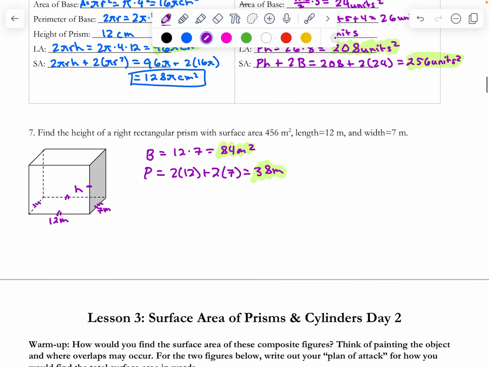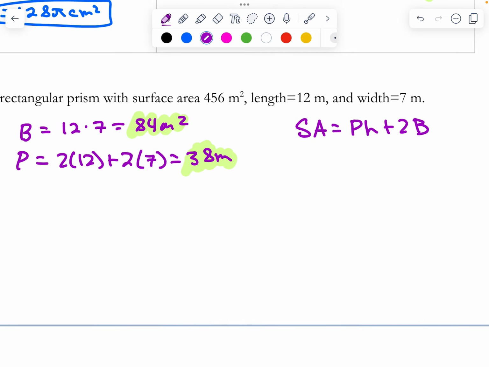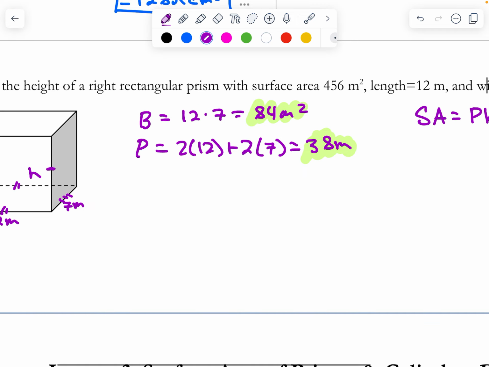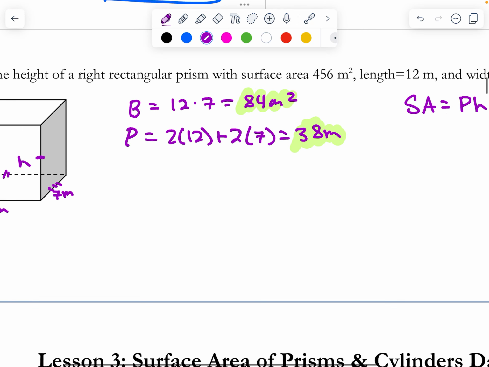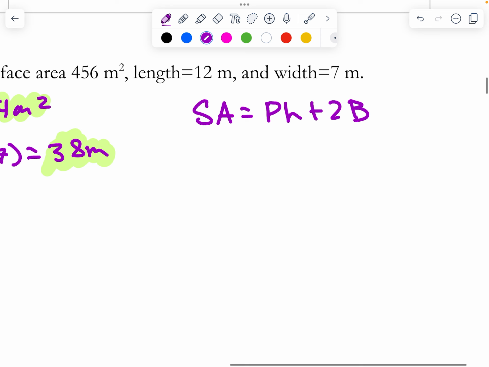Now remember, surface area is equal to perimeter times height plus 2b. We have the perimeter, we've got the base, and we don't have the height, but we do have the surface area. Surface area was provided right here. So surface area is 456.